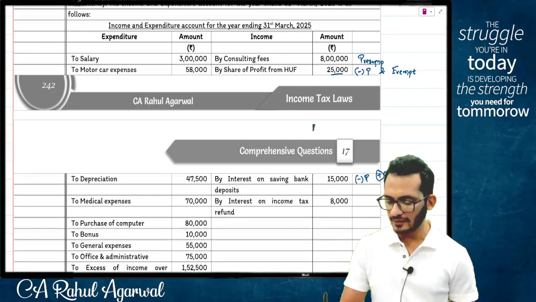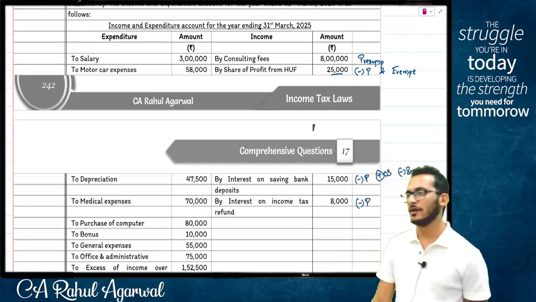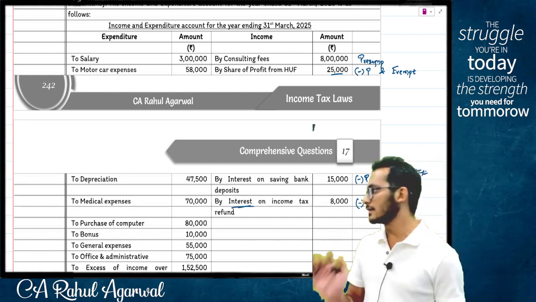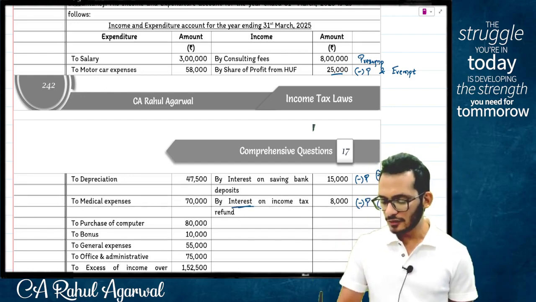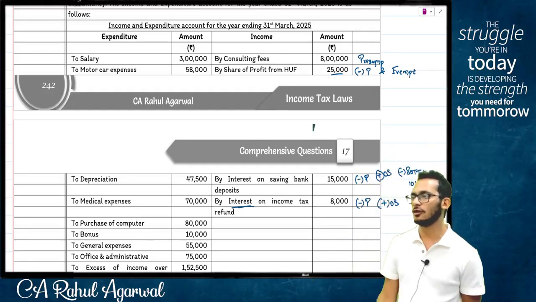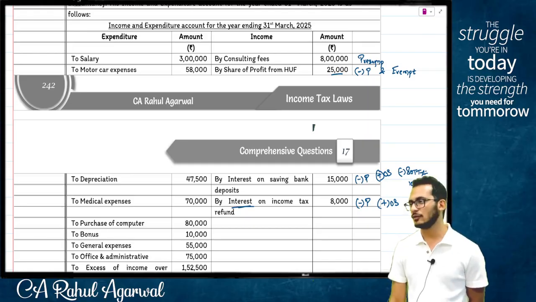Interest on income tax refund is given to you, so it goes under other sources. Here I don't need to check for additional information because the heading itself says interest. Had they used the words income tax refund, I would have folded back, because then I'd have to check for additional information as to how much is principal and how much is interest. Therefore, I'm taking it as other sources directly because the wording used is interest on this.